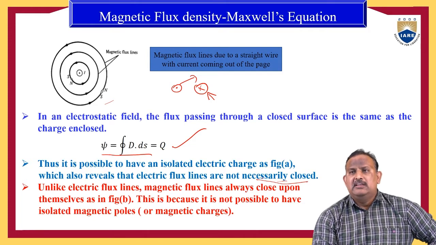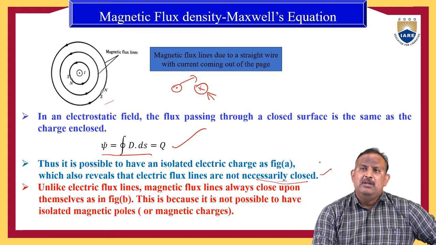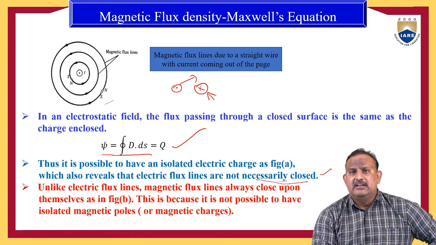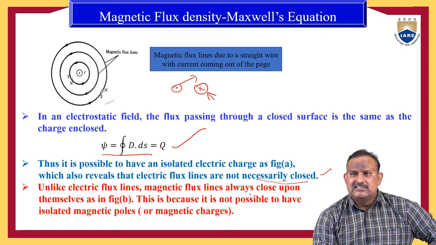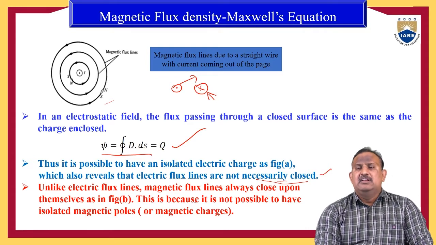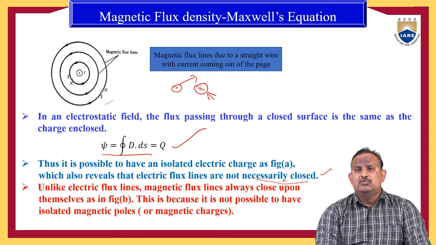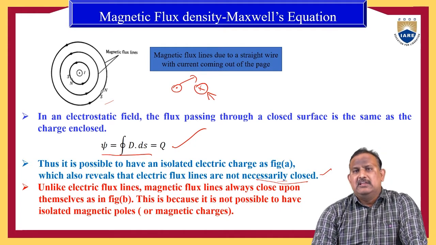Unlike electric flux lines, the magnetic flux lines always close upon the other end. The magnetic flux starting at the north pole should end at the south pole, and the flux starting at the south pole should end at the north pole.